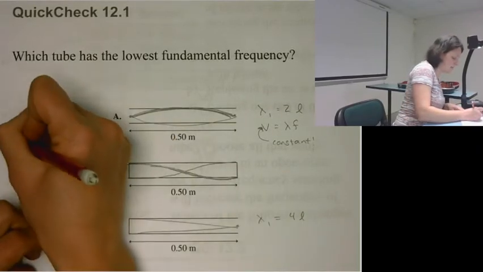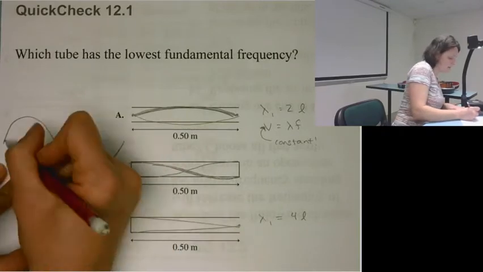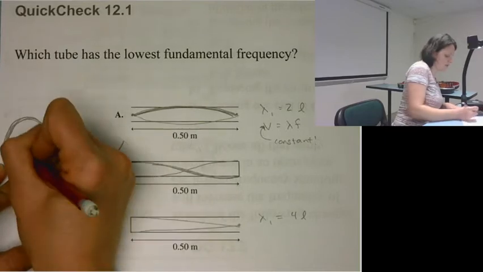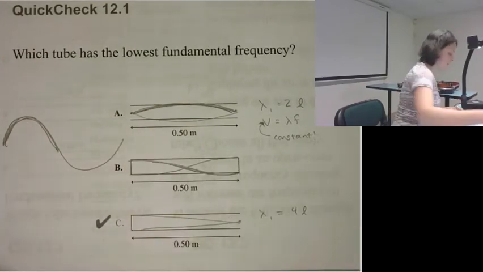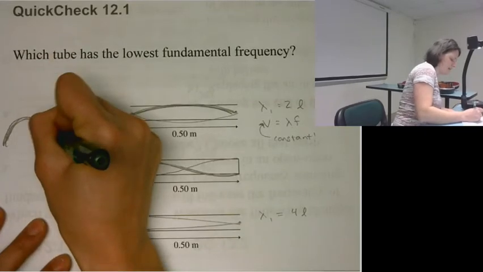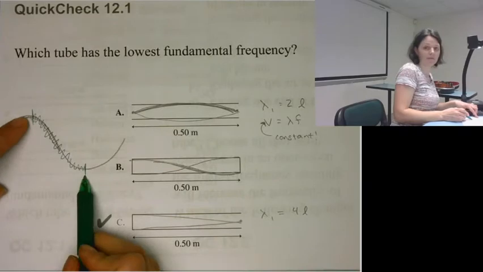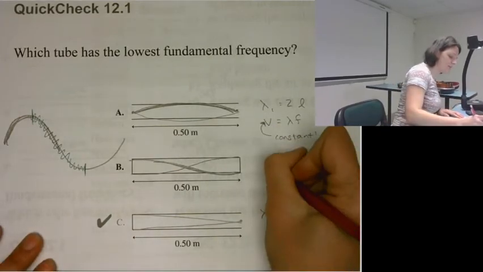If I draw a full sine wave, in part A, I've just isolated this portion, which is half of the wavelength. In part B, I've been isolating this part of the wave, which is still half of the wavelength, okay? So the closed tube has the same equations.